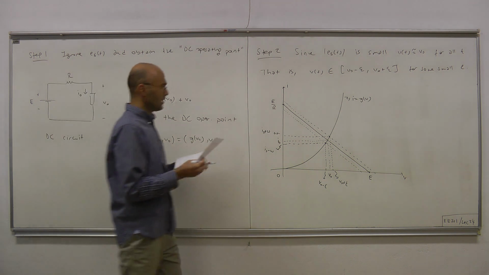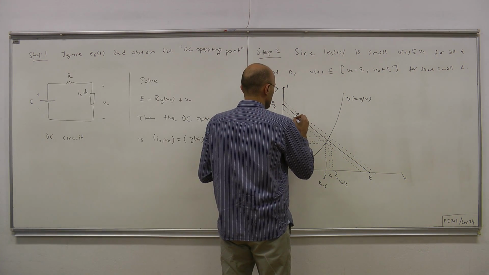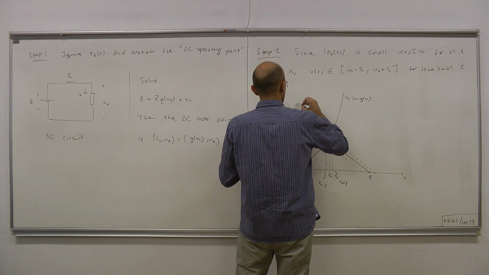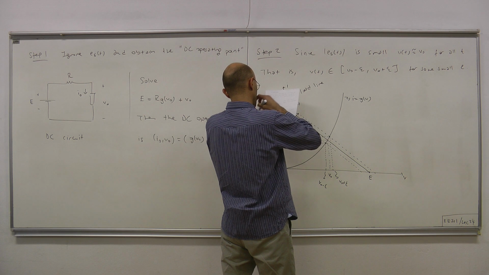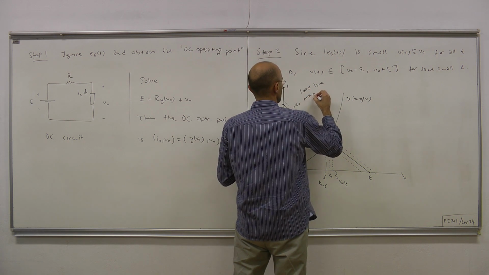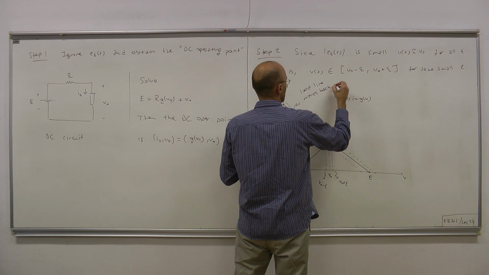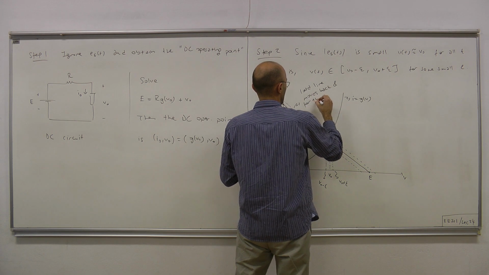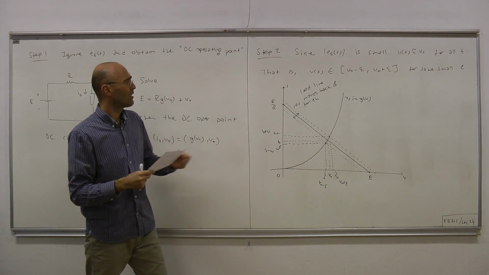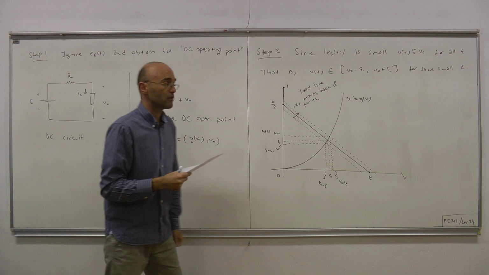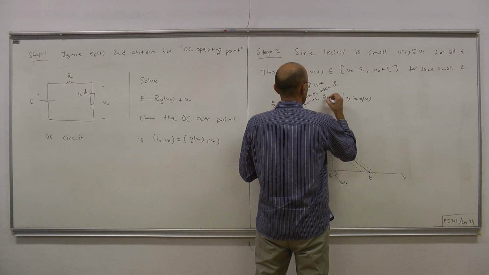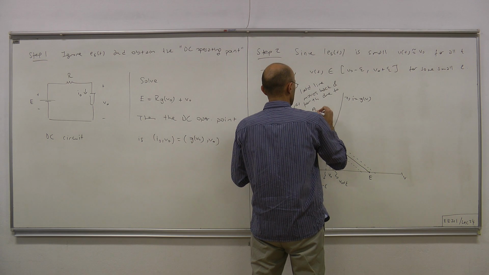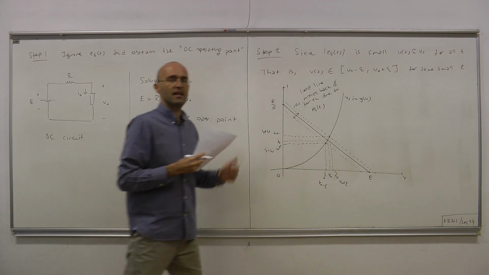Okay. So the load line moves back and forth, but maintaining its slope at all times, the slope is constant, due to the AC component, ES of t.